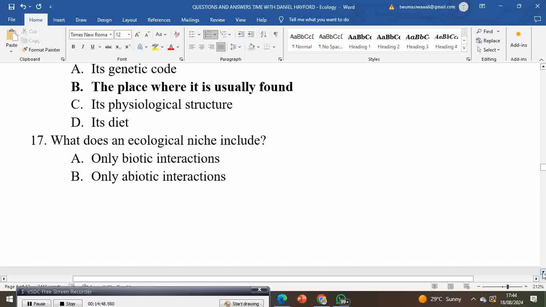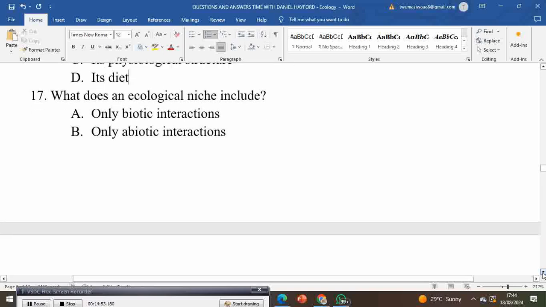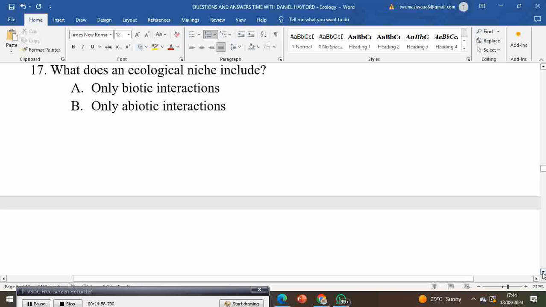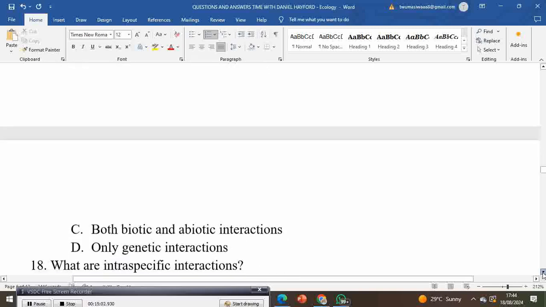Now, question number 17, what does an ecological niche include? Option A is only biotic interactions. B, only abiotic interactions. C, both biotic and abiotic interactions. And D, only genetic interactions.